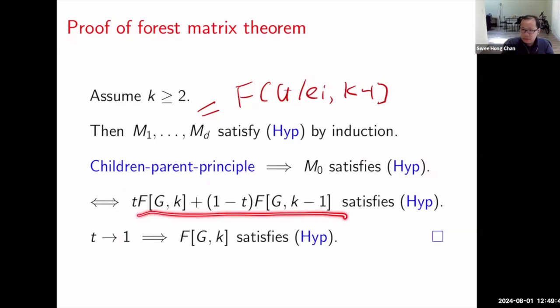Now take the limit as t goes to 1. It is easy to see the hyperbolic property is a property that is invariant under taking limits. And that is how we conclude that the matrix FGK also satisfies the hyperbolic property. That proves our Forest matrix theorem. Okay.